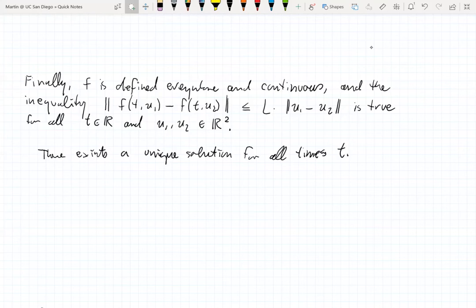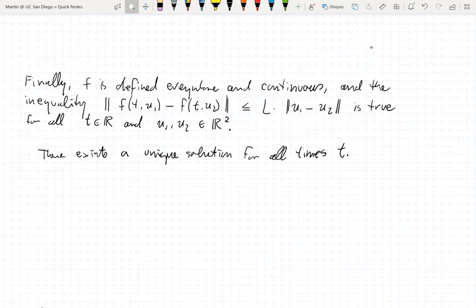That solution exists for all times, and this is actually covered by our abstract global existence and uniqueness theorem. That is now quite easy to check.